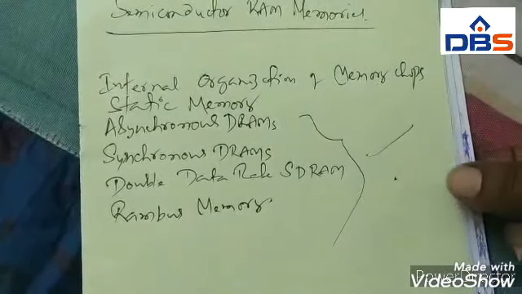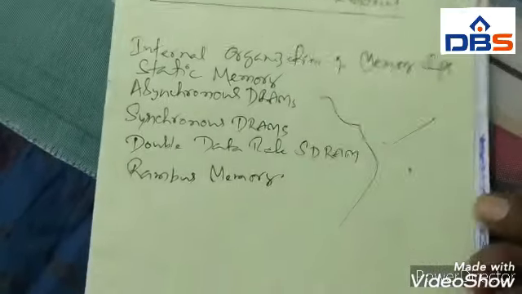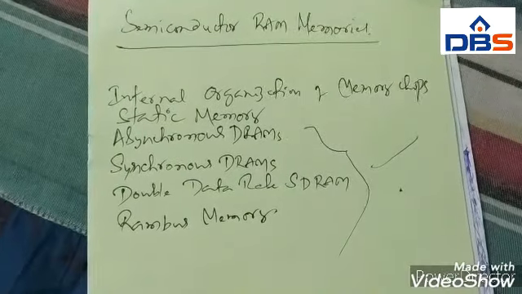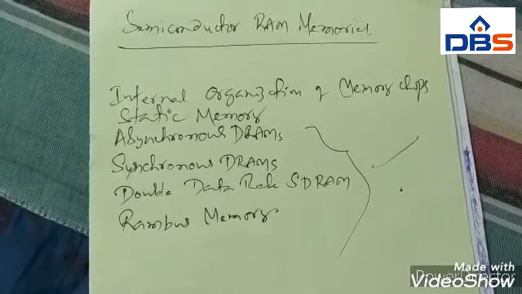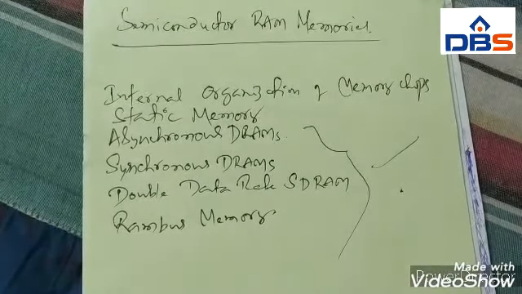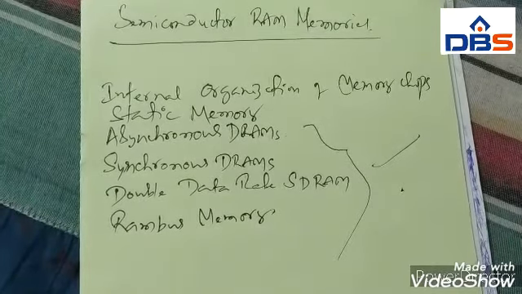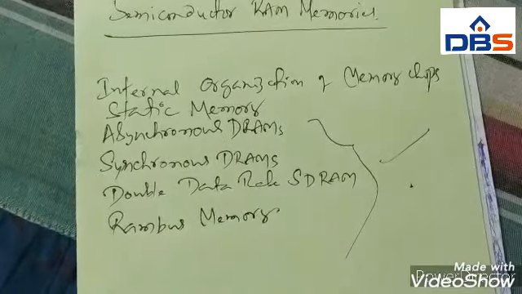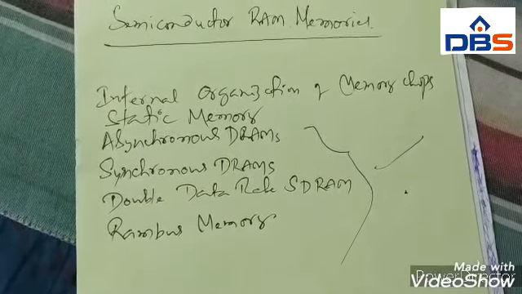Here we discussed the semiconductor RAM memories. The subtopics are internal organization of the memory chips, static memories, asynchronous DRAMs, synchronous DRAMs, double data rate SDRAMs, and RAM bus memory.